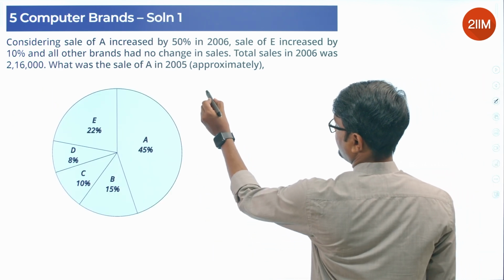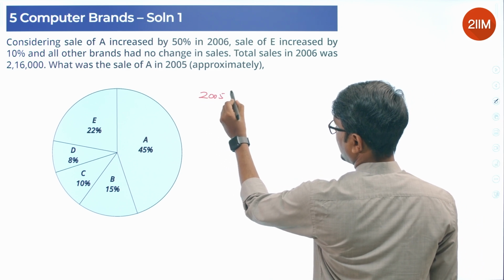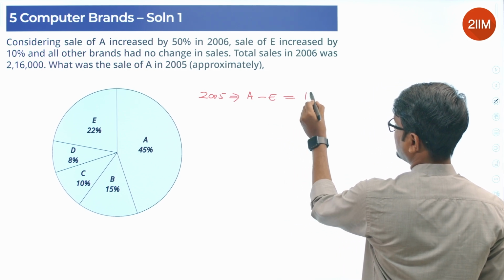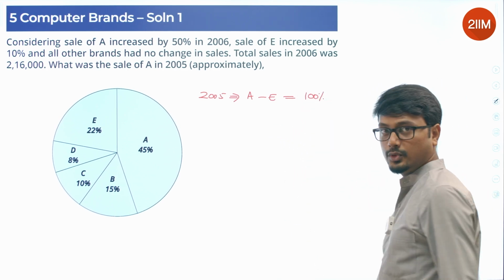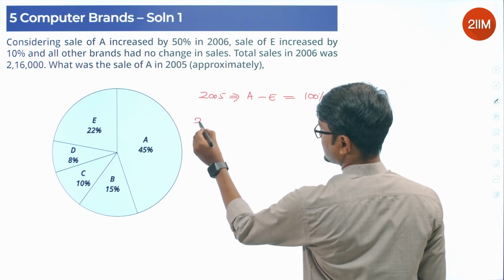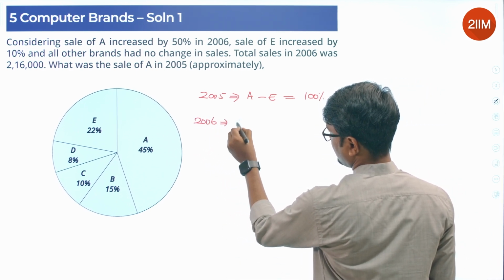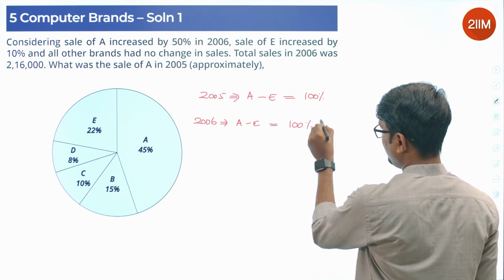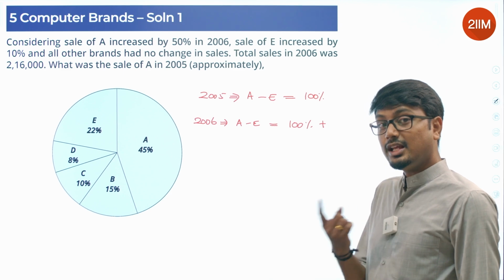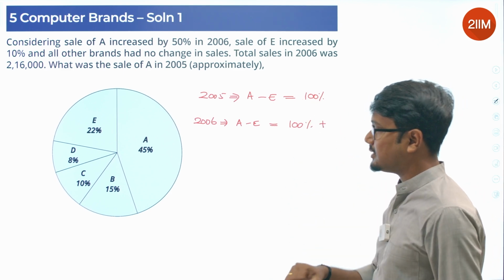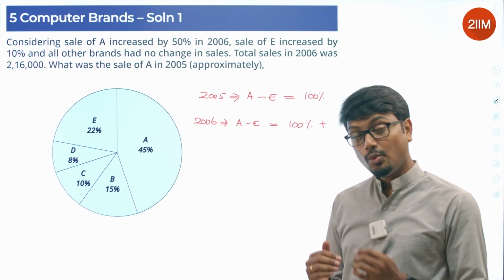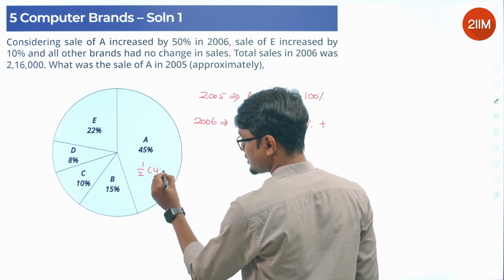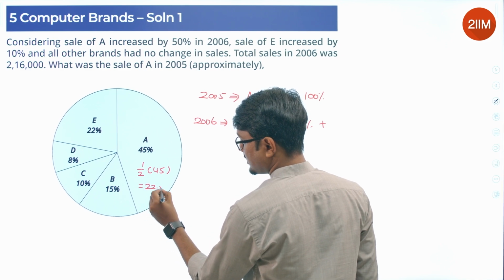So first in 2005 we had A to E all together, it was 100%, right? Now in 2006 we have A to E where we got 100% exactly, plus A has increased by some percentage. What was that? 50%. A is 45%. What is 50% of this 45? Technically half of that, half of 45%, it is 22.5% increased.